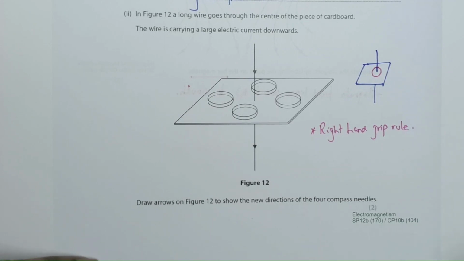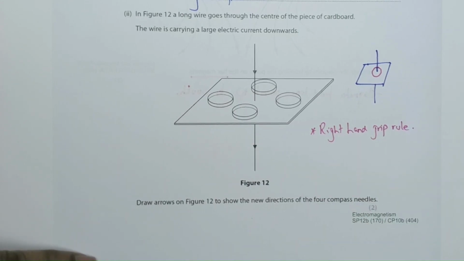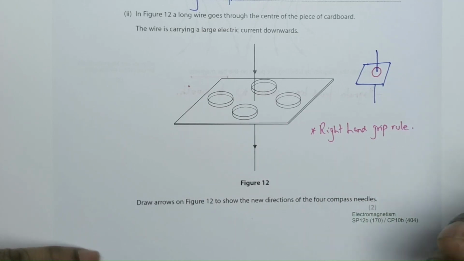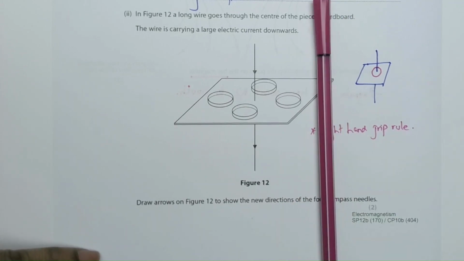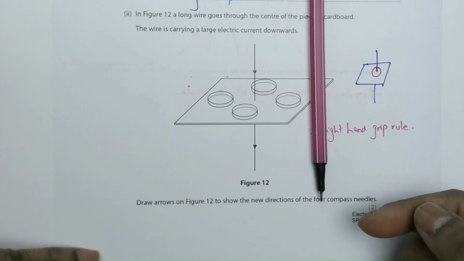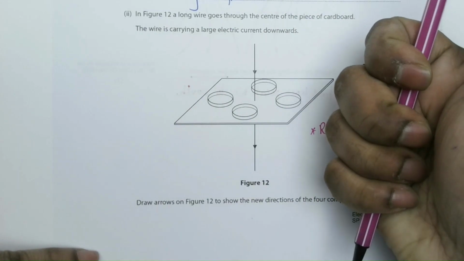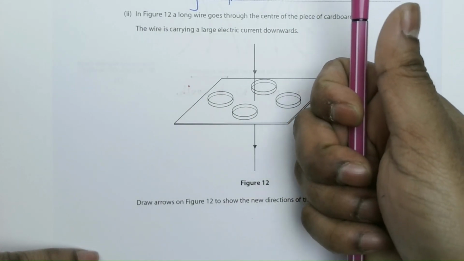Although the diagram is given in the textbook, it's not very clear. I would recommend that you look this up or Google this, which will give you a much better understanding. Basically, what the right hand grip rule means is, if you imagine you can grip the wire. So let me say that the pen is the wire and the pointed end of the pen is the direction in which the current is flowing. So if you were to grip the pen with your hand, the thumb should be pointing in the direction of the current.